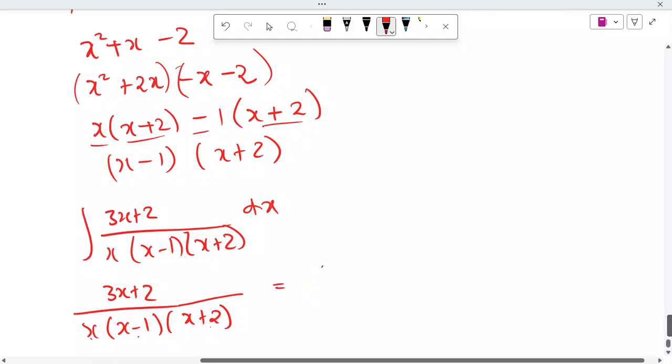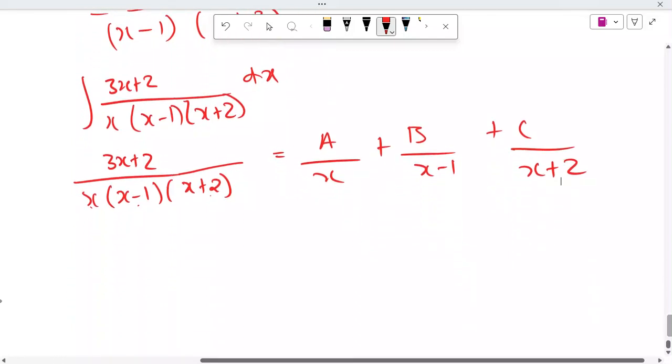So you have 3 constants: a over x plus b over x minus 1 plus c over x plus 2. So all these are linear. No wonder these coefficients don't have x or variable x on the numerator.